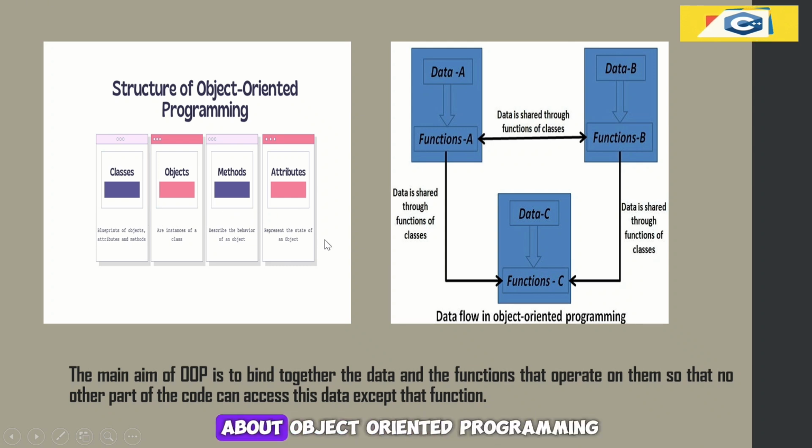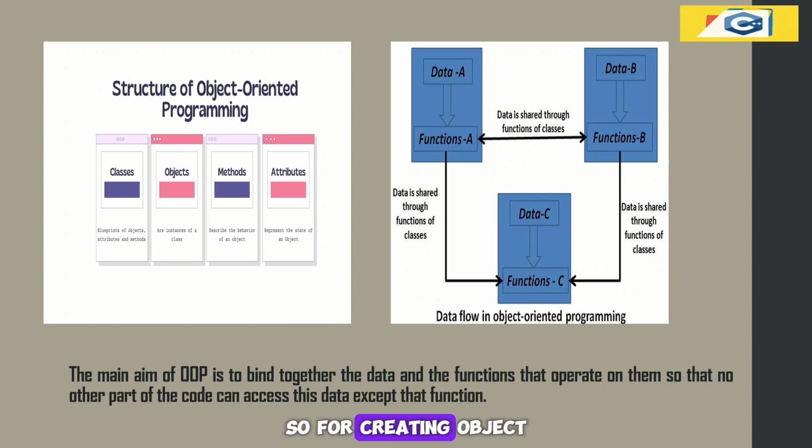When we talk about object oriented programming, the entire programming just revolves around objects. For creating an object, we need a class. So when we use a class, we need to create an object. And after creating the object, we need to call some methods, or you can say functions, of a class.